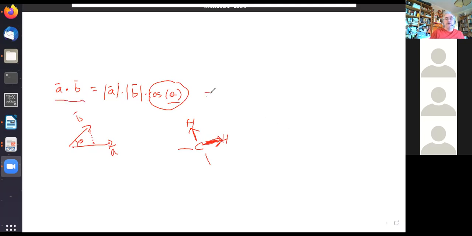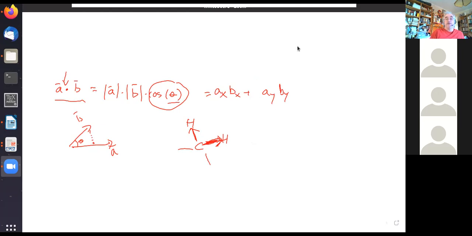By the way, if this is an orthonormal system, that is with 90-degree angles everywhere, it's AX BX plus AY BY. This can be said to be the actual dot product, because it's a dot here.